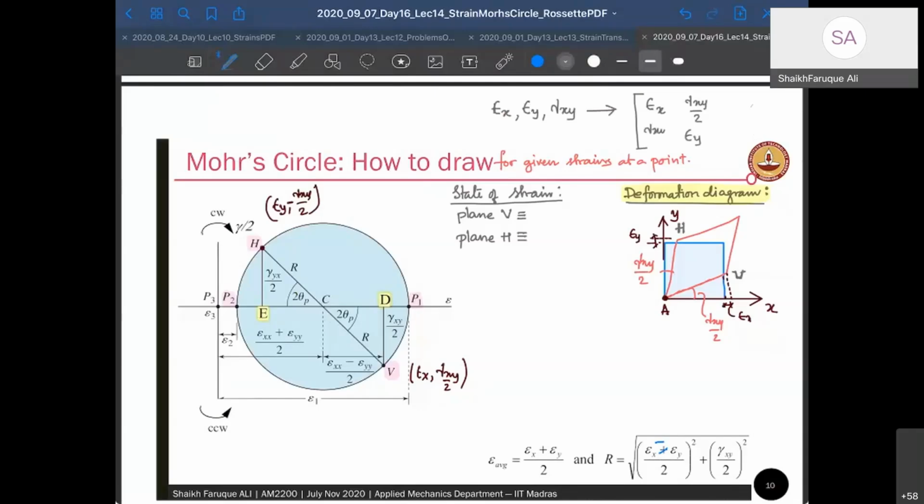Here also I'll write it as gamma xy by 2. Let's say this represents my plane V, not A, and this represents my plane H.